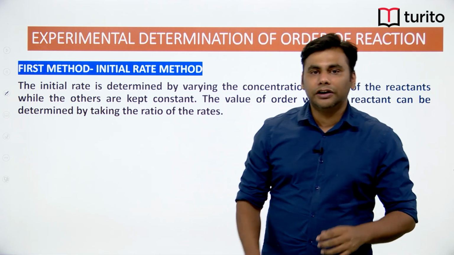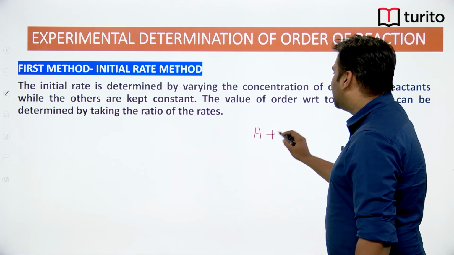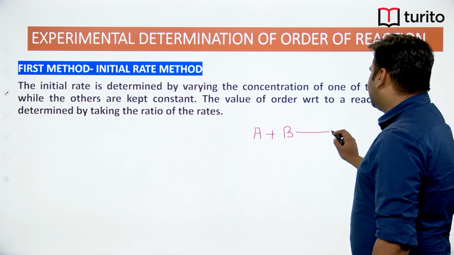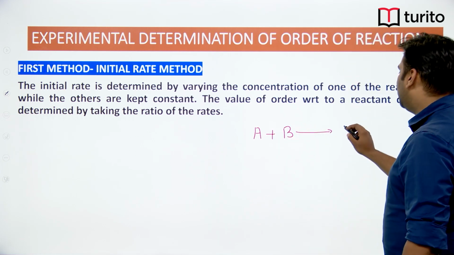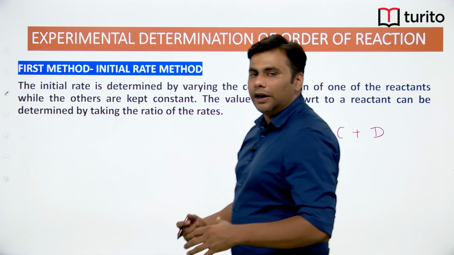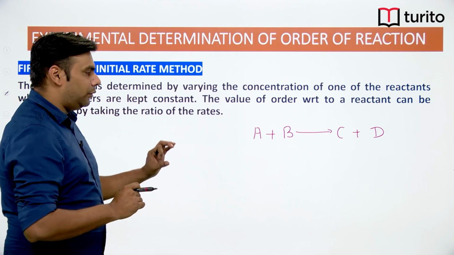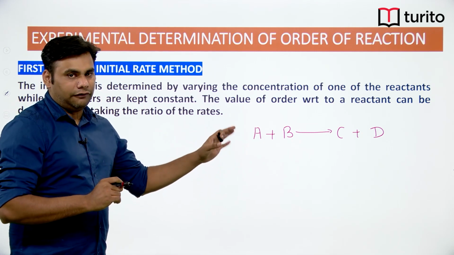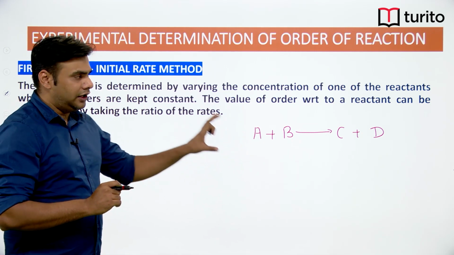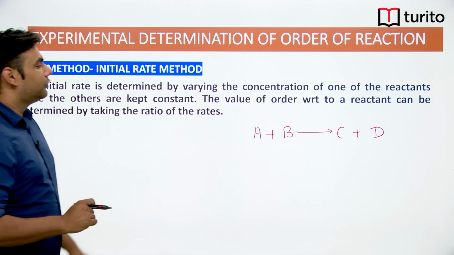Suppose we have two reactants, A and B, reacting in a certain reaction and forming C and D. We don't know the order with respect to A and B, so we are going to write the rate law expression for this reaction using the initial rate method.